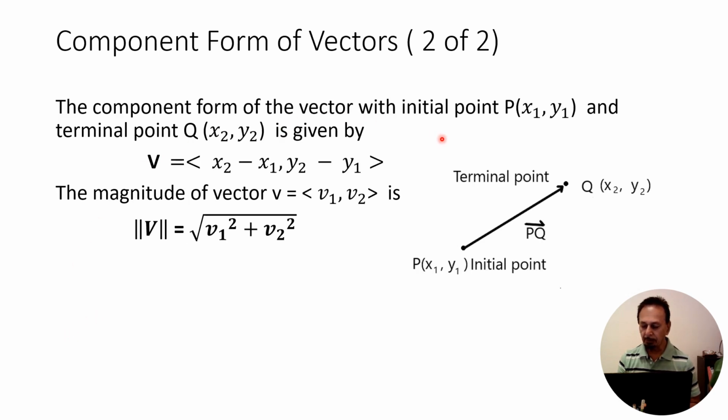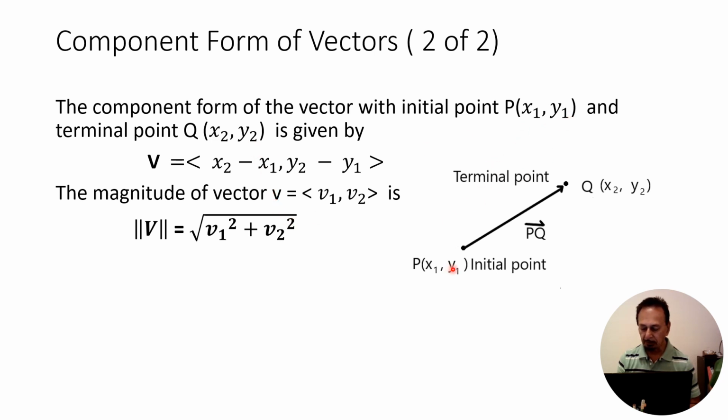The component form of a vector with initial point P (x1, y1) and terminal point Q (x2, y2) is given by this formula. Vector V equals, you subtract the initial point coordinates from the terminal point: x2 minus x1, comma, y2 minus y1.